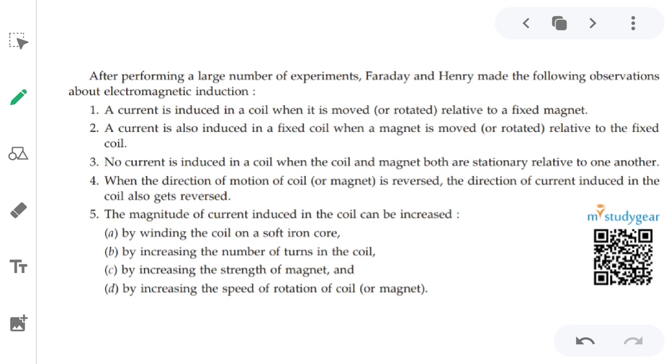And the fifth one was that the magnitude of the current induced in the coil can be increased. How can we increase the magnitude of the induced current? First, by winding the coil on a soft iron core. Second, by increasing the number of turns in the coil. Third, by increasing the strength of the magnet. And fourth, by increasing the speed of rotation.